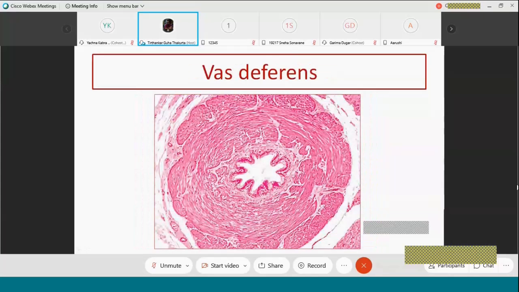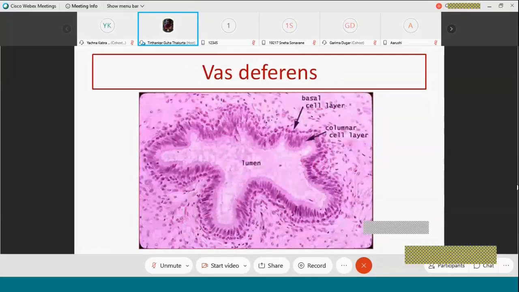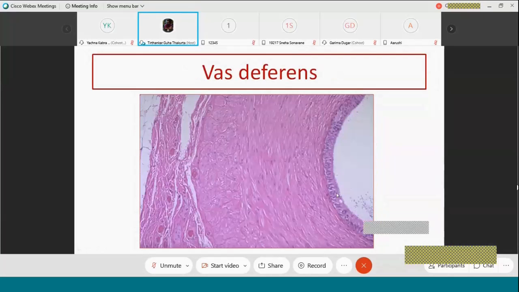It is a two-layered epithelium, and there is a basal and a columnar cell layer. It looks very much like the prostatic epithelium actually, and therefore this is the vas deferens. You can also see the thick smooth muscle layer, the inner circular and the outer longitudinal smooth muscle layer.